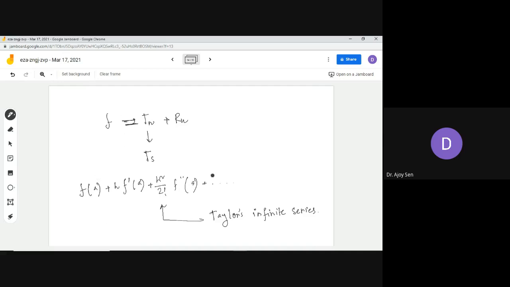That means this Taylor series is converging, but what it converges to is not equal to the function. This weird situation can arise. So in order to have the convergence, we need to check the remainder term.